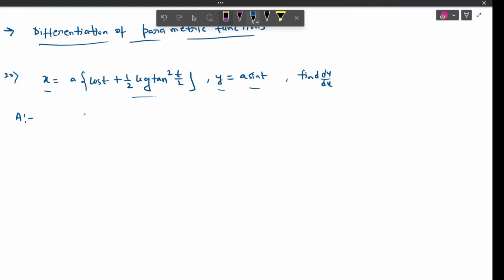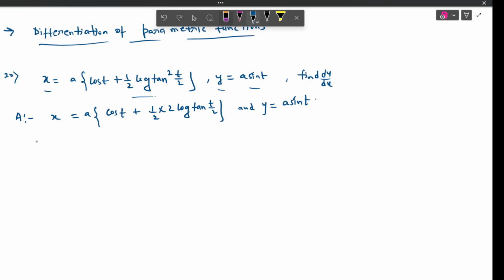So what we have to do? First of all, let us see if we can minimize this expression. x equals to a into cos of t plus half of twice log of tan of t by 2, and here y is a sine of t.